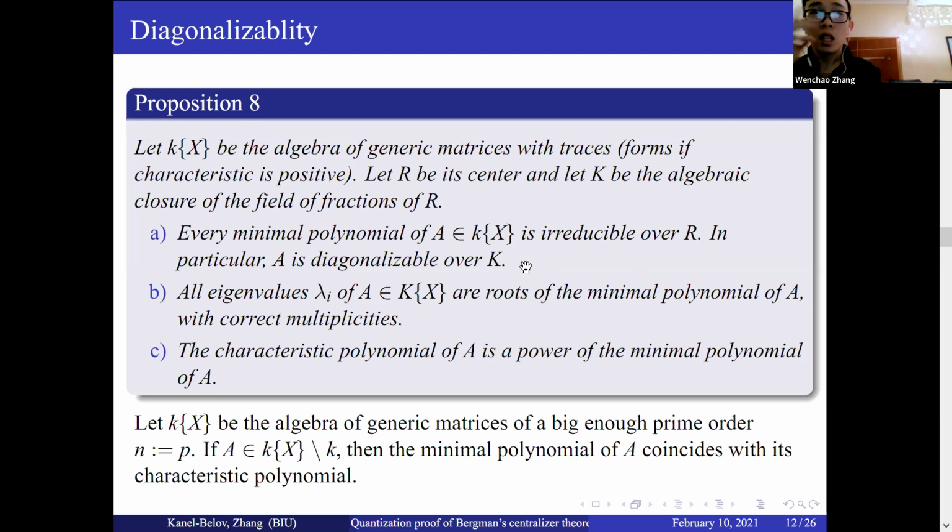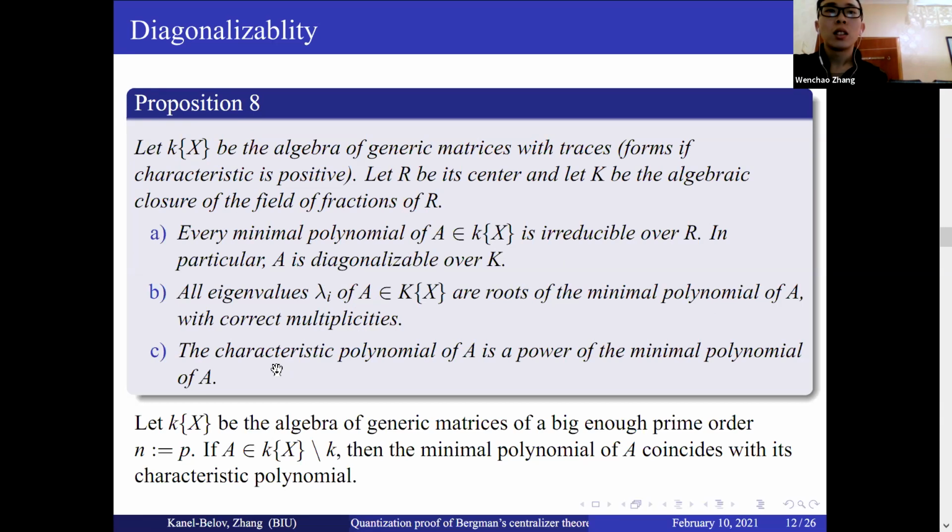This is very important to our proof, since the calculation becomes simple. We also showed that all the eigenvalues lambda_i are roots of the minimal polynomial of A with some multiplicities.